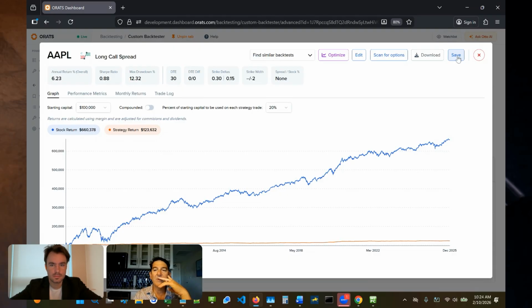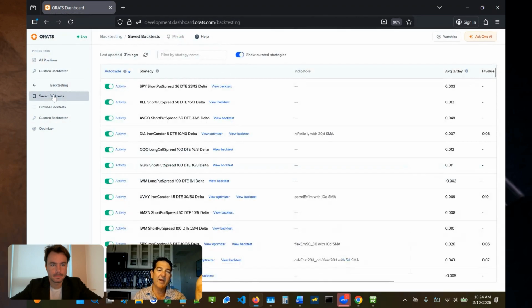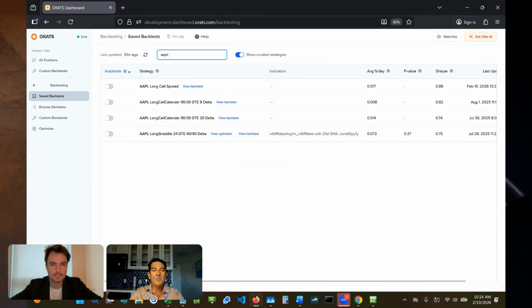If you save this test, what does that do? Well, it saves it to your, drum roll please, saved backtests. Now if you look for that, here's the Apple long call spread that we just saved.